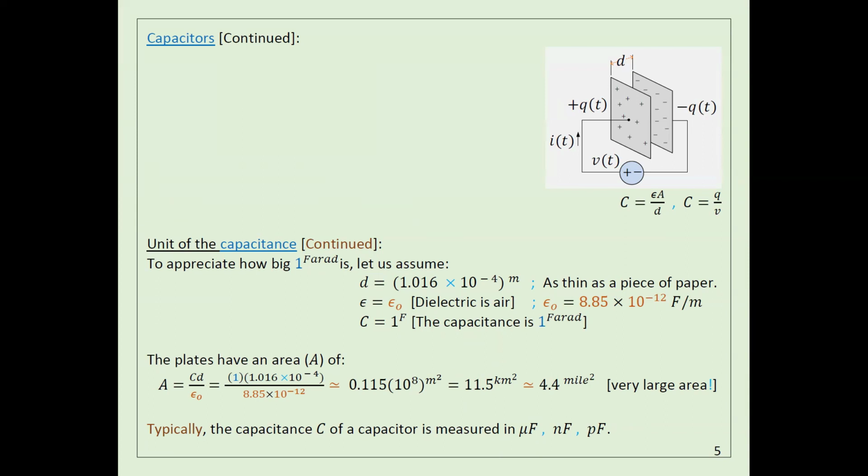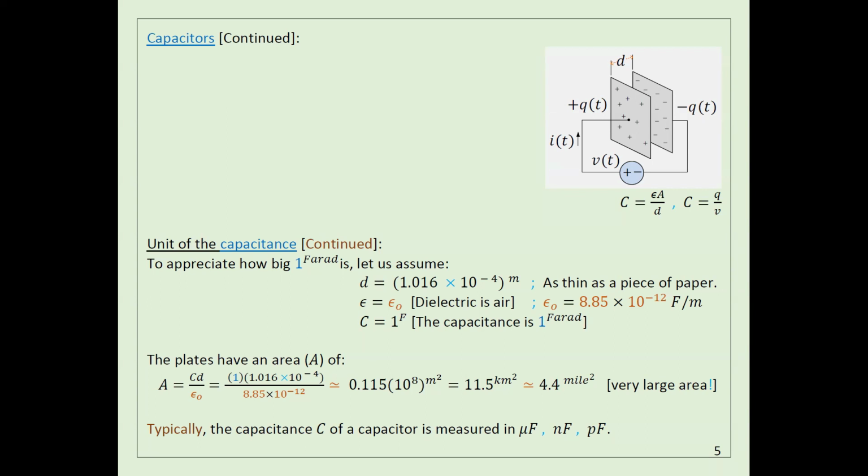And I'm going to put air between them. To make 1 farad, how big should the area be? If you do the calculation, you will find the area should be 4.4 miles squared to make 1 farad. So I made the distance very small, and I put air between them, and to have 1 farad, the area has to be so big.